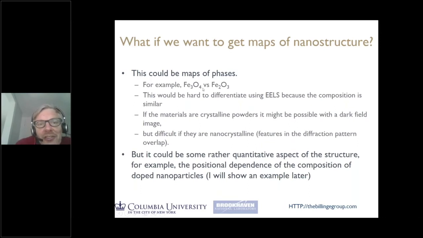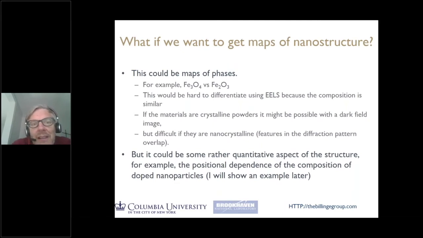But then you would need a much more subtle signal. You can't just do a dark field image in a traditional sense. What you would want to do is some kind of structural analysis of that material and extract a signal that was sensitive to the doping. So it might be the lattice parameter of that material. And then the quantity of interest would be the lattice parameter.